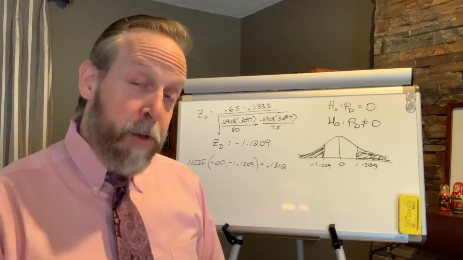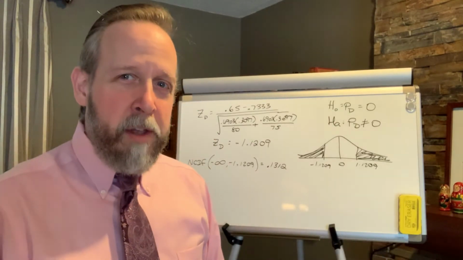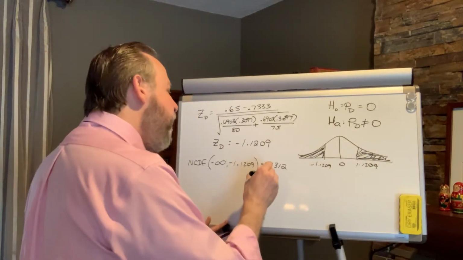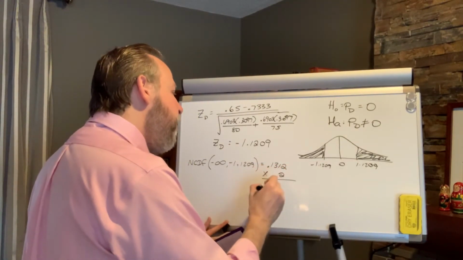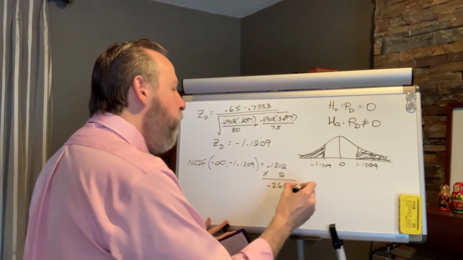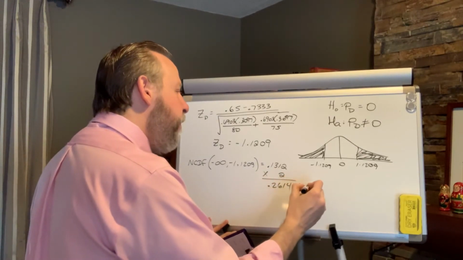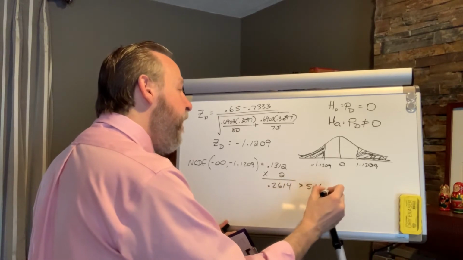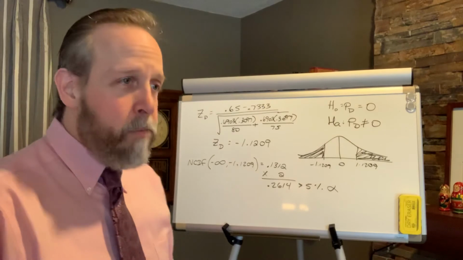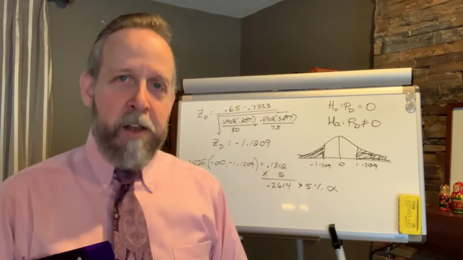We have to keep going, but we already know that the area in just one tail is more than 5%. We have to double it because it's a two-tailed test, so we get 0.2614. That's more than the 5% alpha that I suggested we start with. What do you do when your p-value is more than alpha?